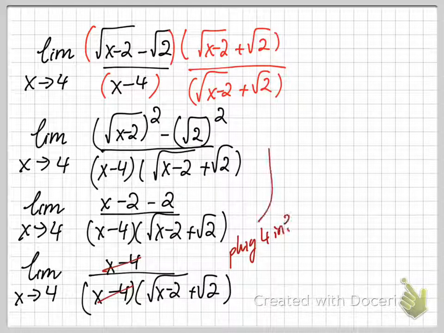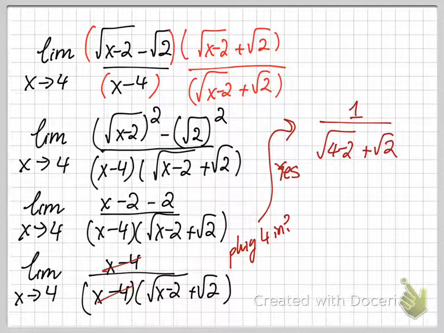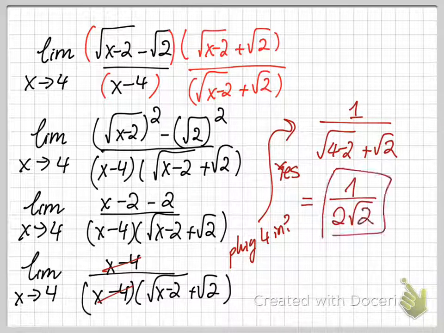Then again, you ask yourself, after cancellation, can you plug 4 into x to find the limit? The answer is yes, because after plugging 4 into x, you get 1 over 2 square root of 2, which is the answer for the limit of this function when x goes to 4.